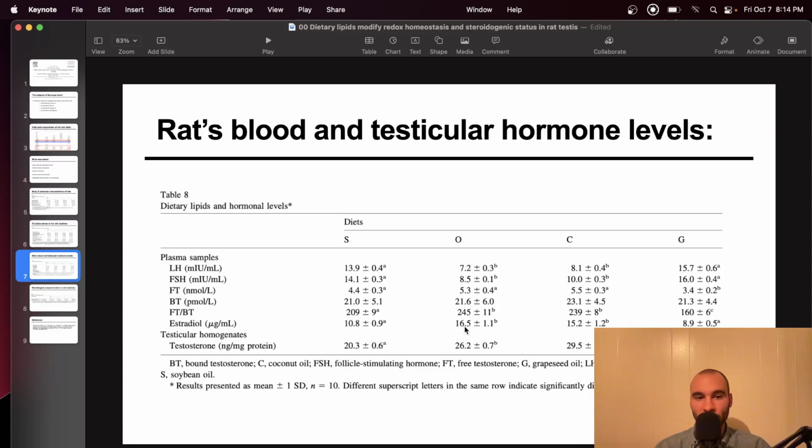Now, the one thing we'll see here is that in the olive oil and coconut oil group, they had a higher amount of estrogen or estradiol than in the soybean oil and the grapeseed oil group. The reason I think this is because these rats had more free testosterone available and more testosterone available overall to convert into estrogen. Now, I don't know what was in the rest of their diet. We could actually look it up, but I don't want to speculate on that too much.